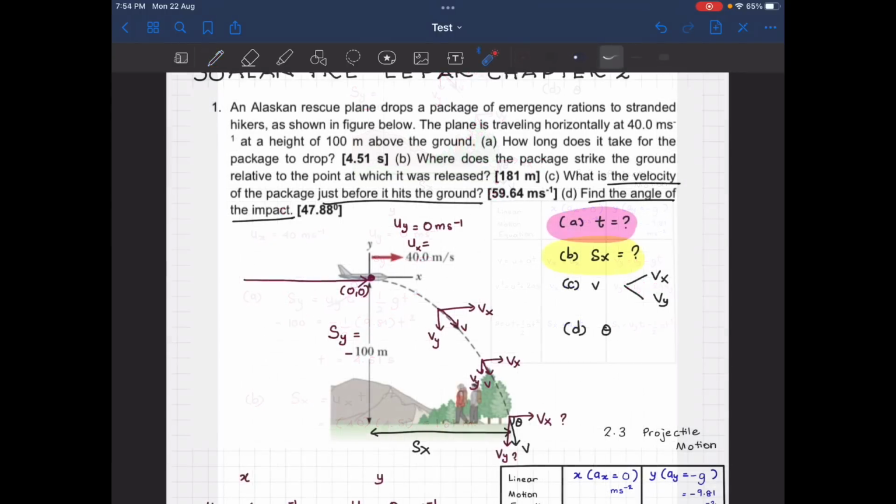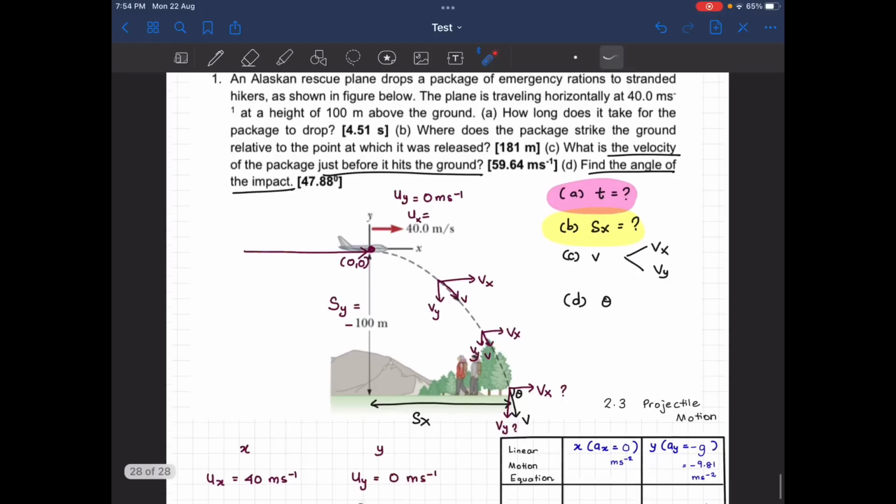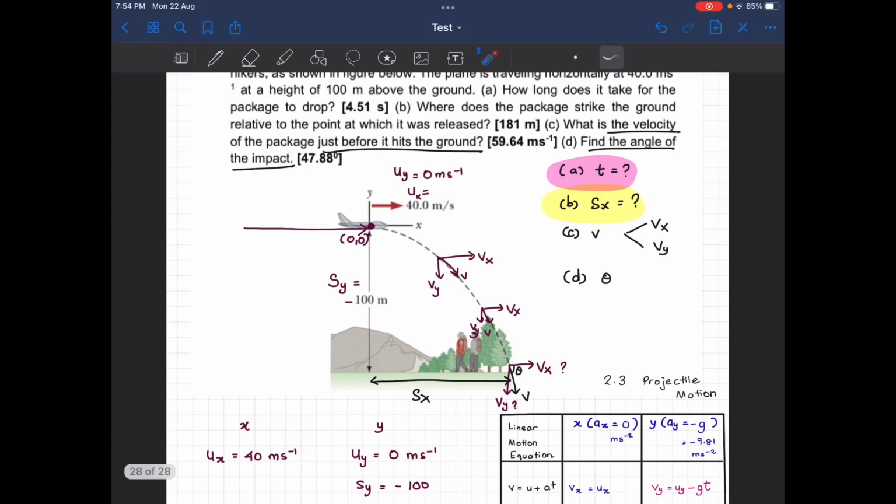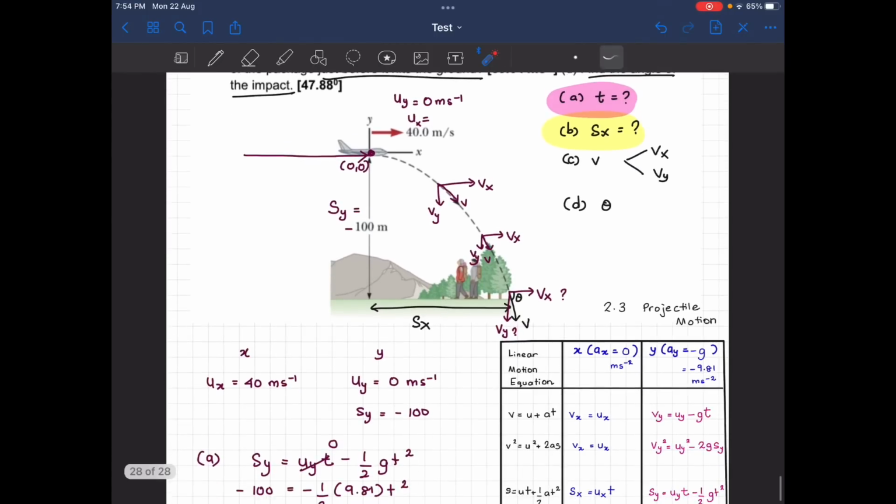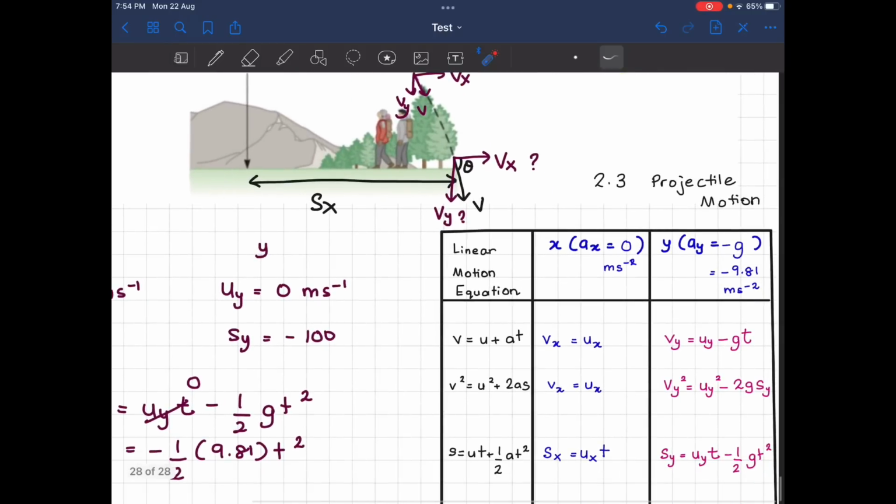Okay, so for C, we want the velocity over here, but we have to find the value of Vx and Vy first. Okay, so in projectile motion, from the derivation of the formula we did earlier, we found that the final velocity will equal the initial velocity. The same here below, the final velocity equals the initial velocity.